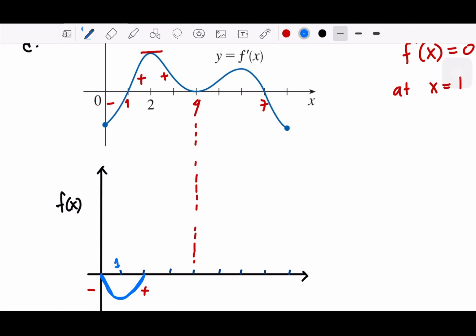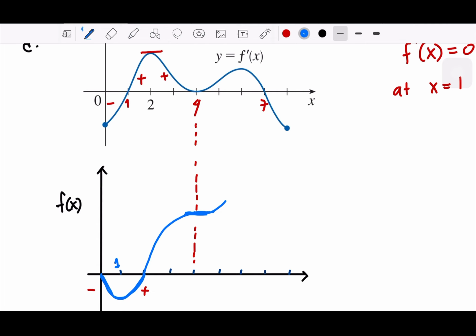So it's still increasing until 4, and after 4 it's still positive, right? So we are not going down, it's still increasing. But maybe a little bit stationary at x equals 4, meaning the slope is 0, but still it's increasing.